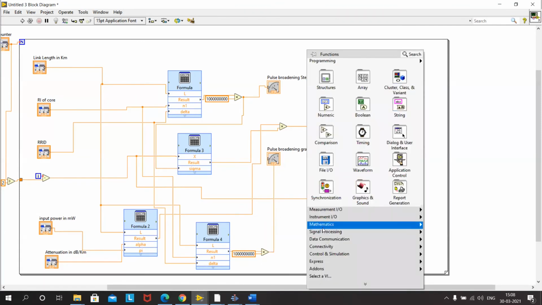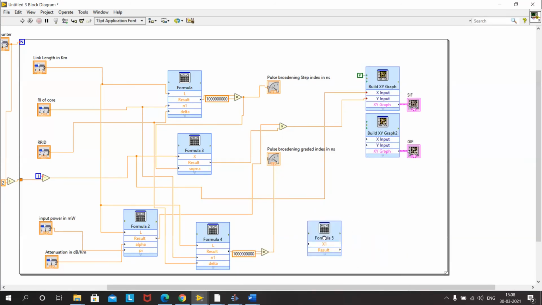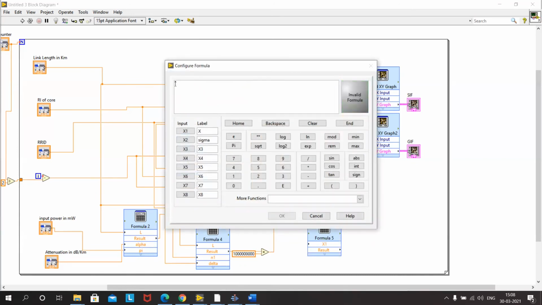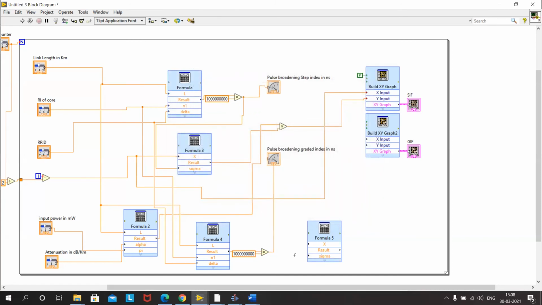This we need to use for making the Gaussian pulse, for which again we will be using the formula board. So the Gaussian pulse is e to the power of minus x square divided by 2 sigma square. Now we'll connect the inputs. So sigma, and x to the counter.